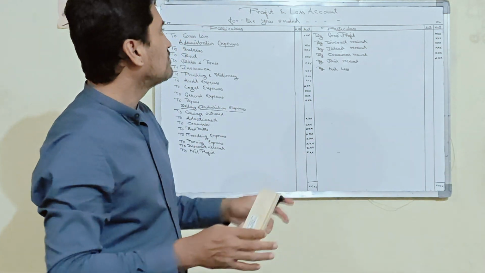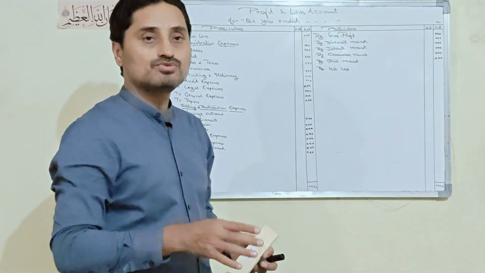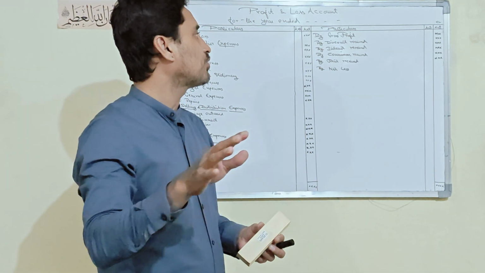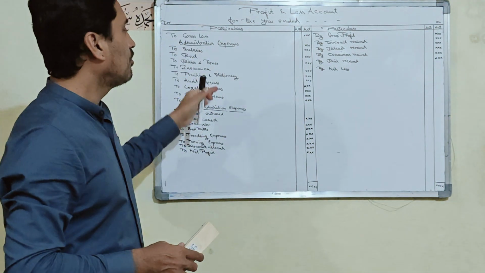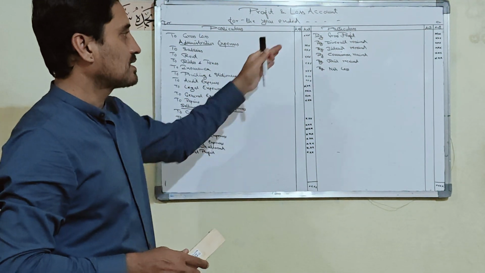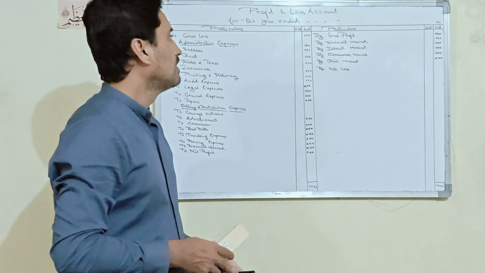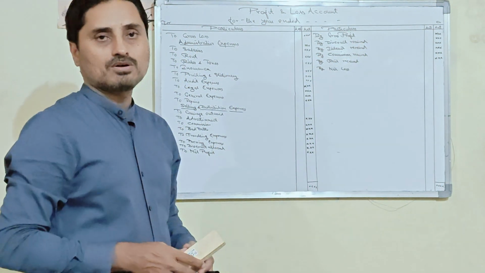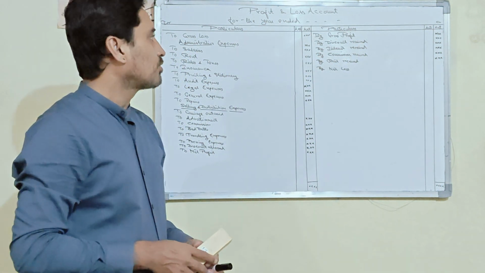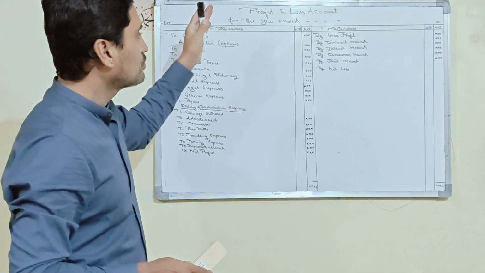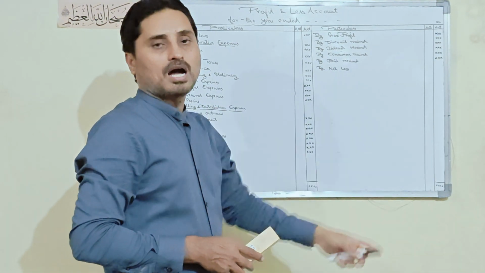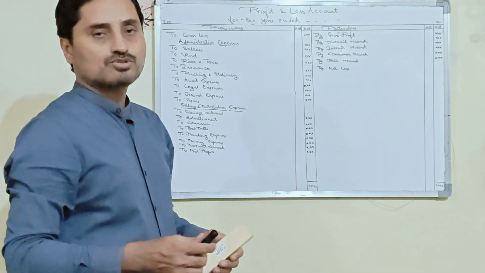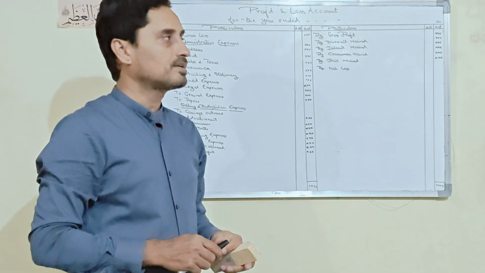So what is the main object of preparing profit and loss account? To know the net profit of the concern. So after recording all items, all expenses and losses and incomes and gains, we have to close this account by balancing it. For balancing this account, you have to take the total amount of the debit side, then the total amount of the credit side. After taking both side totals, you have to deduct the lesser amount from the greater amount.